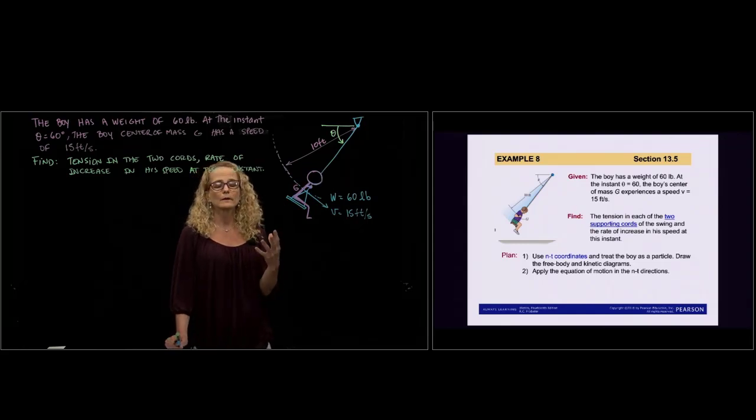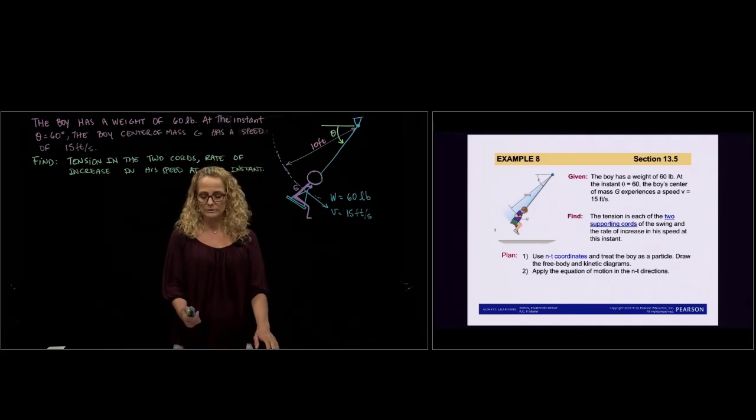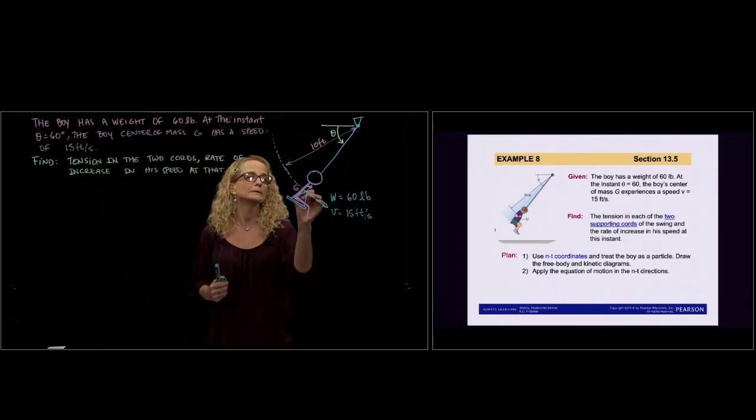First, we have to decide which system of coordinates we will use. Since we have a circular path and we are given the velocity, the proper coordinate system to use is the tangent-normal system. I'm going to draw my system here.